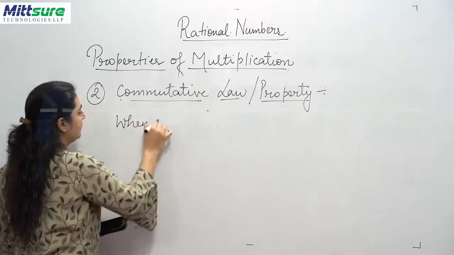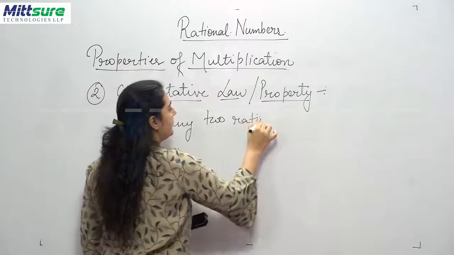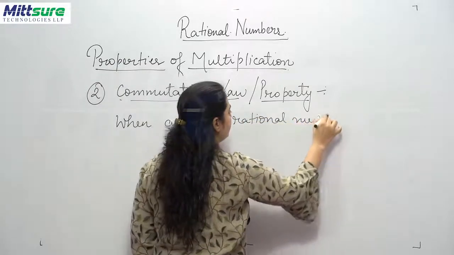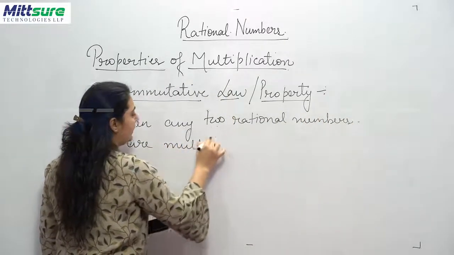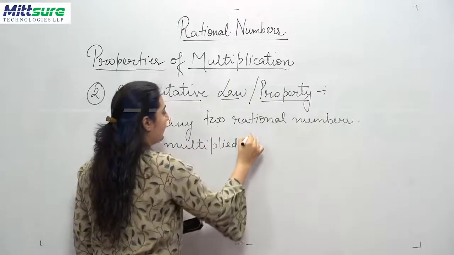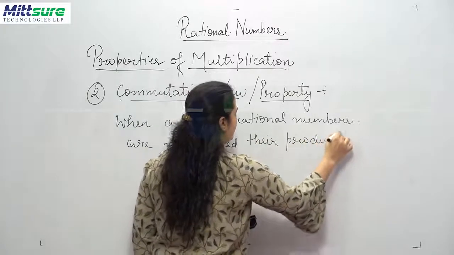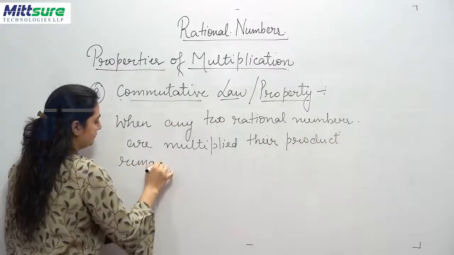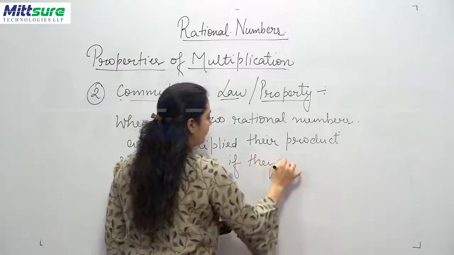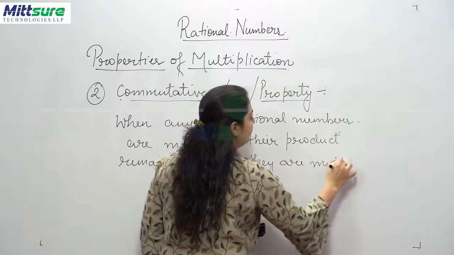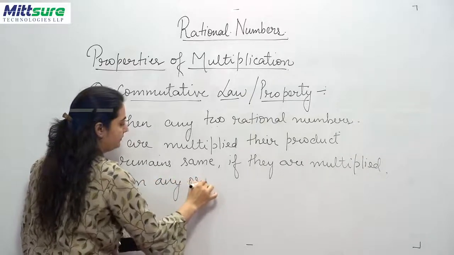when any two rational numbers are multiplied, their product remains the same if they are multiplied in any order.